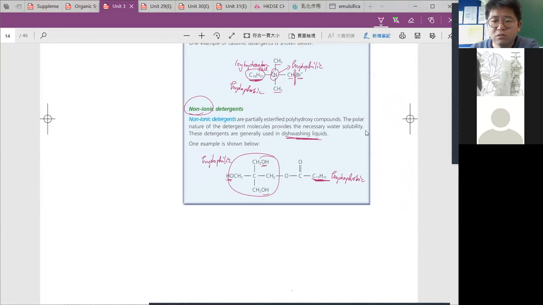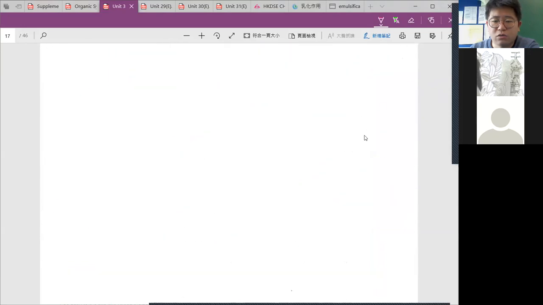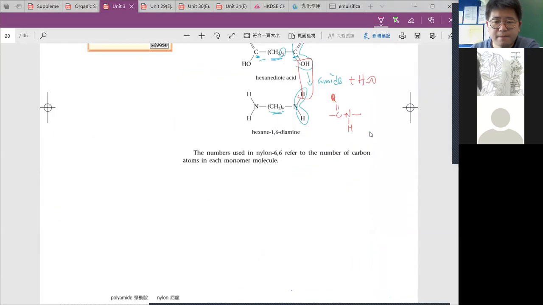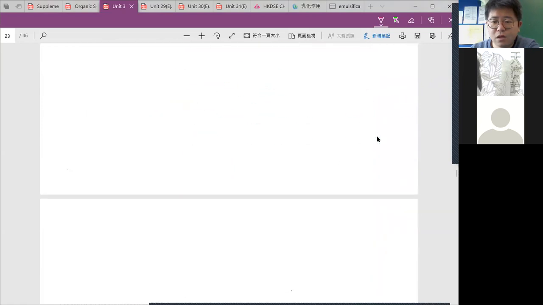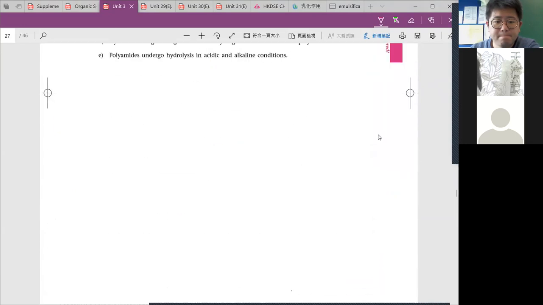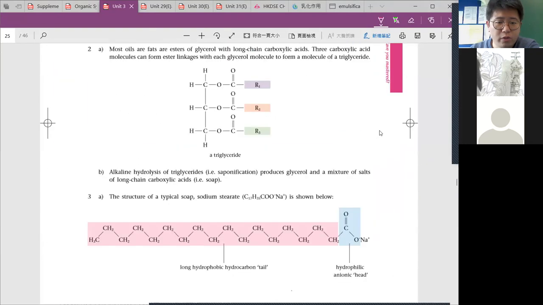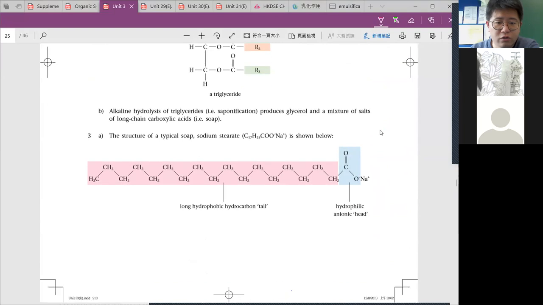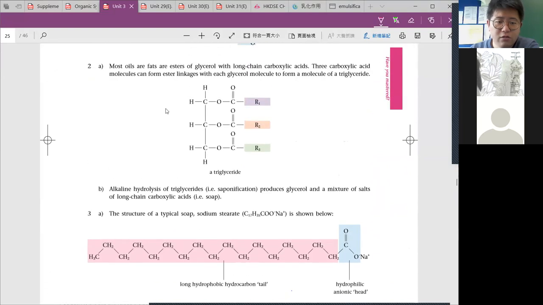Okay, so shall we take a look at the consolidation of these parts? We just had a coverage of the soap. It comes from fats and oil.